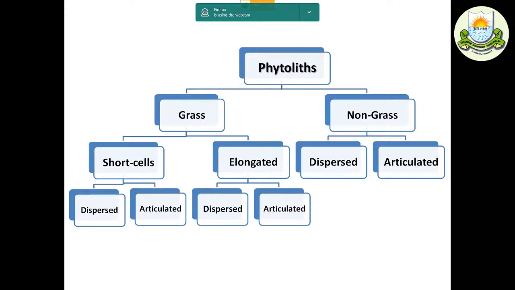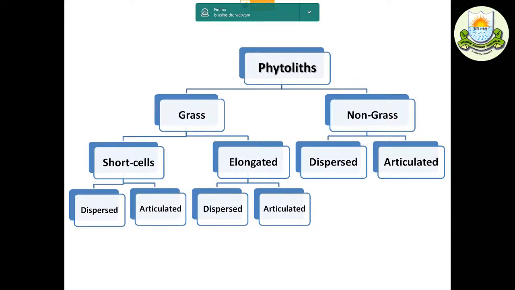Phytoliths can be broadly classified into two categories: grasses and non-grasses. Grass phytoliths are of two types: short cell grass category phytoliths and elongated morphotypes. In both cases, for grasses and non-grasses, they may be dispersed or articulated phytoliths.